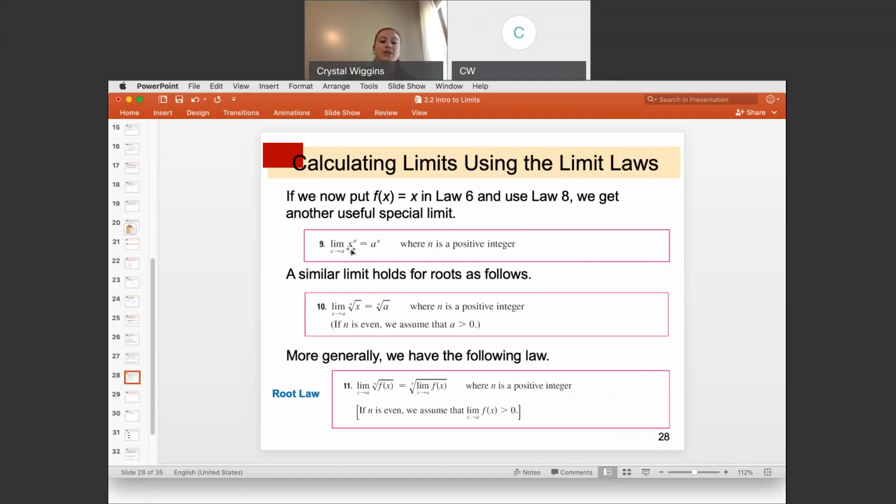So x to the nth, if we're approaching a, is a to the nth. The nth root of x is going to be equal to the nth root of a. And you can take the nth root of a function before the limit or after, you will still get the same result. So this root law actually does come up. Root and the power law come up in Calc 2.